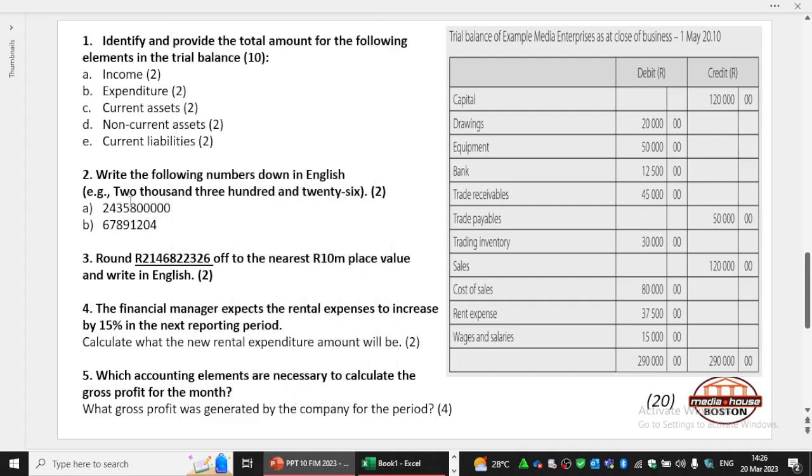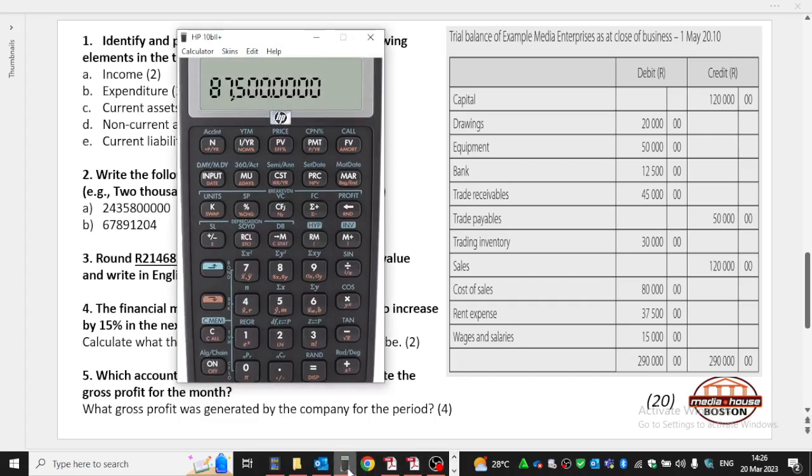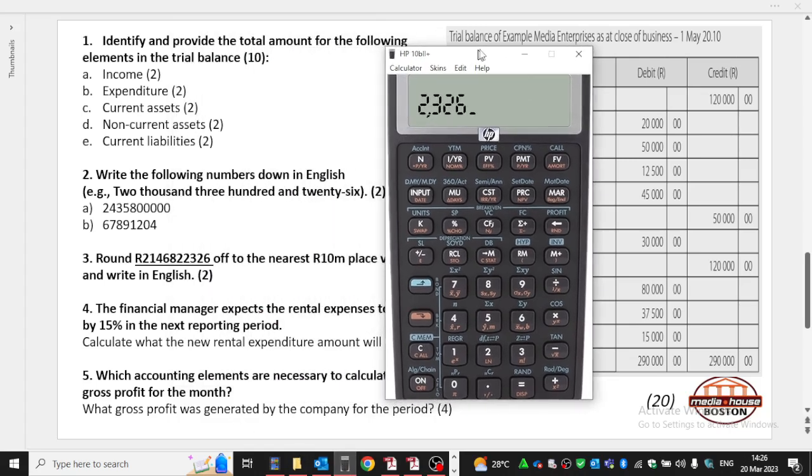And then the second part: write the following numbers down in English. For example, make sure you write them in the following way: 2,326. So if you were to write that down, 2,326, this is how it will be represented as a number.